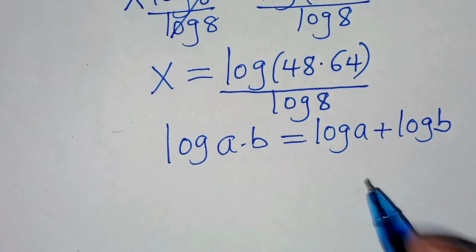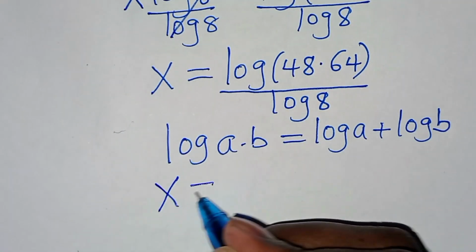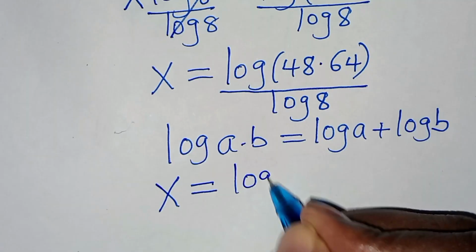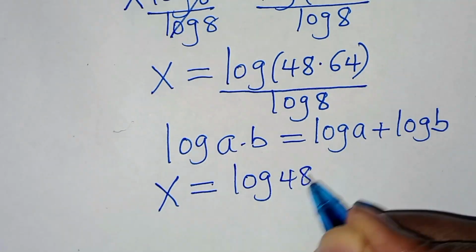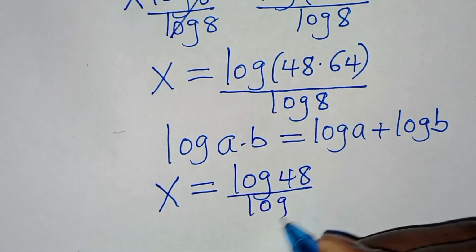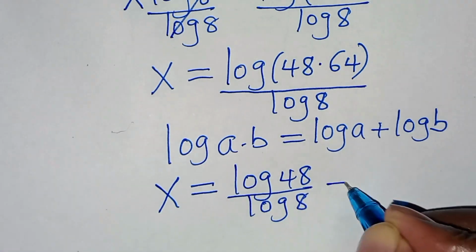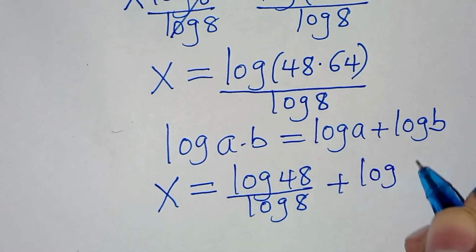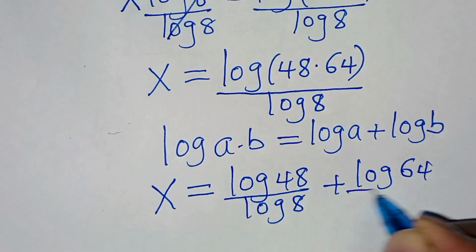Applying this logarithm property, we have that x is equal to log 48 over log 8, plus log 64 over log 8.